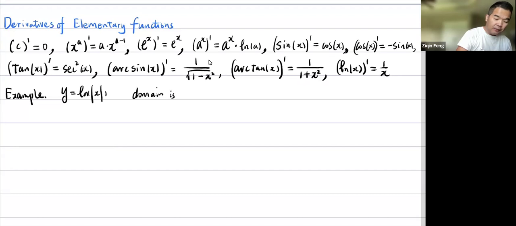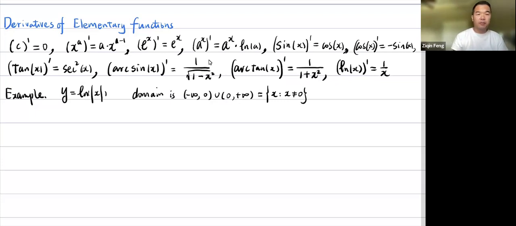It is from negative infinity to 0, union from 0 to infinity, put together as a set, which is everything but 0. You can write this as all the real numbers such that x is different from 0, right? So that's the domain of this function.